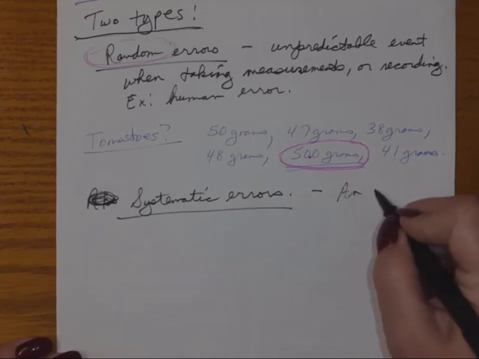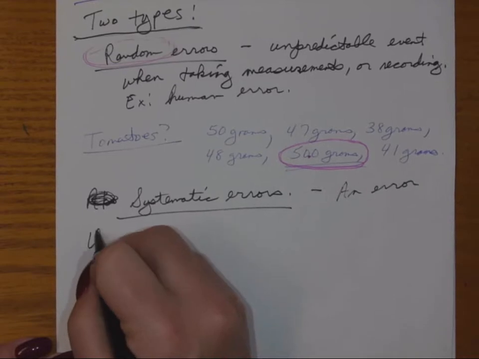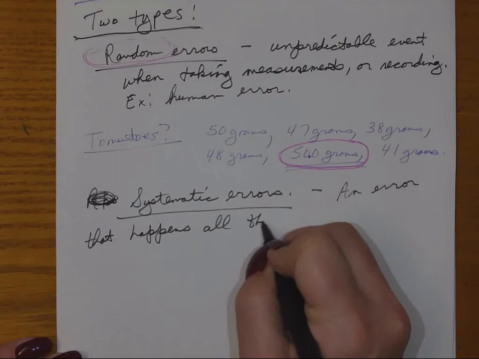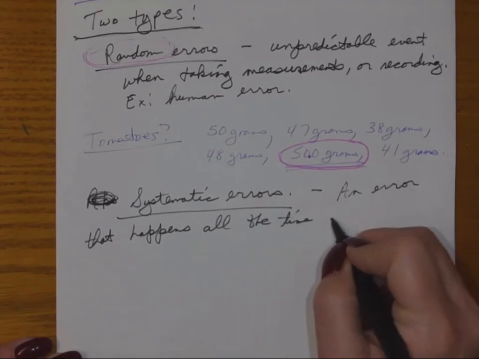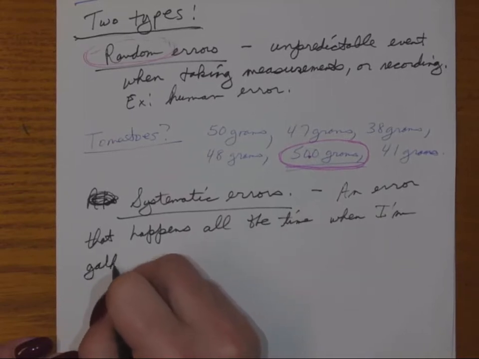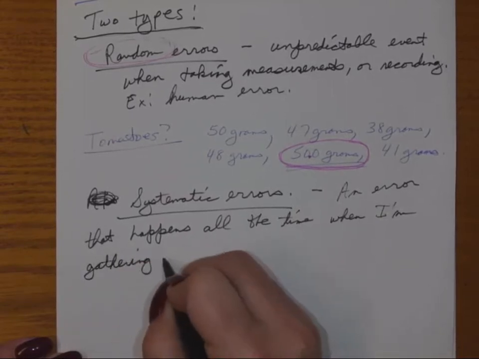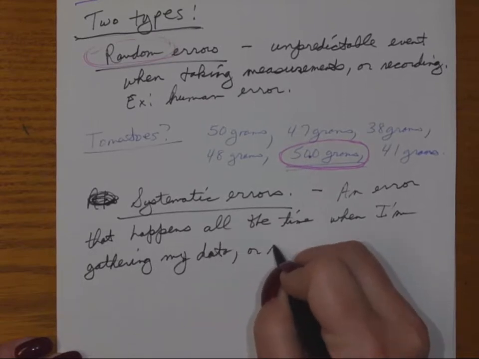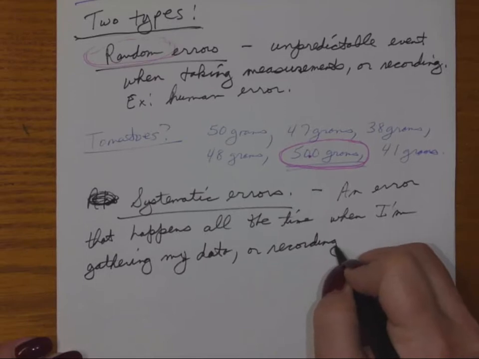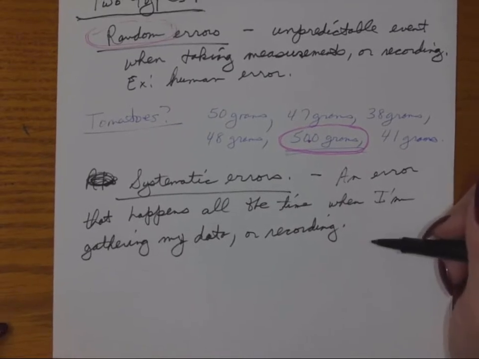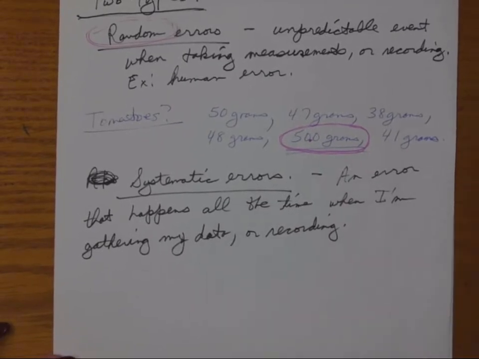So it's an error that happens all the time when I'm gathering my data or recording my data. Okay, so that's not necessarily because I did something wrong as a human being. It's something that's happening all the time. So maybe something weird is going on that I need to account for.